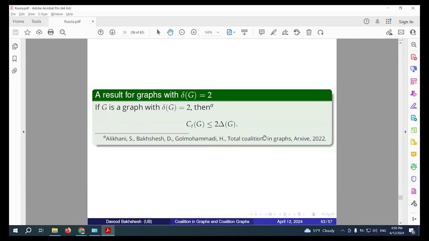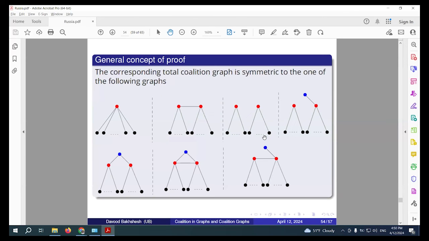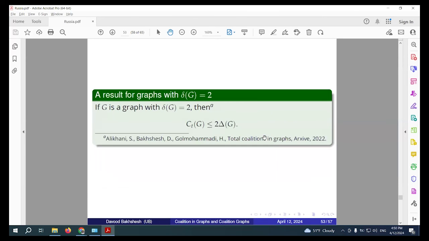And there is a result for graphs G with delta(G) equal to 2: the total coalition number of G is at most 2 Delta(G). And you can see a general concept of the proof here.